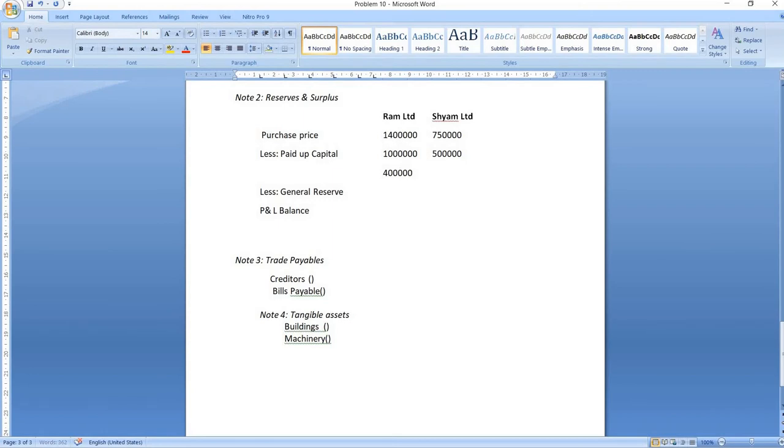Okay. Now similarly we will calculate for Shyam Limited. Purchase price is 7,50,000 and the paid up capital is 5 lakhs. So the difference is 2,50,000. Again it will be a capital loss. Why loss? Because purchase price is more than the paid up capital. So loss of 2,50,000 we will write.